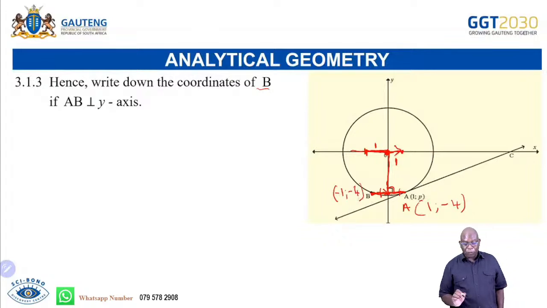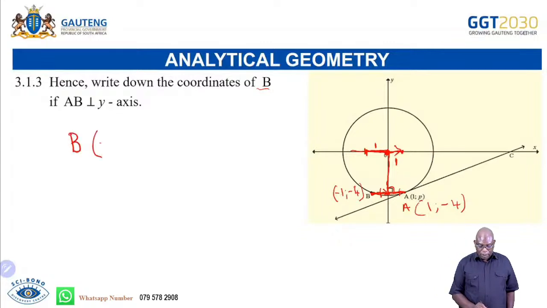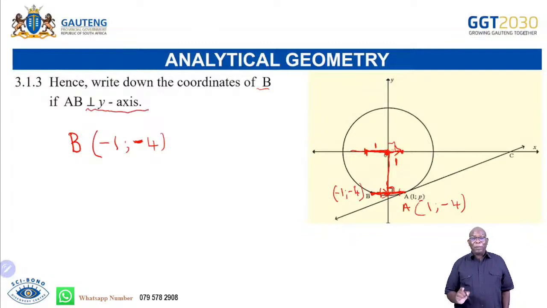So the coordinates of B will be -1 and -4, because those lines are parallel. This is 90 degrees, that's 90 degrees, so the two lines are parallel. That is why they wrote that AB is perpendicular to that.